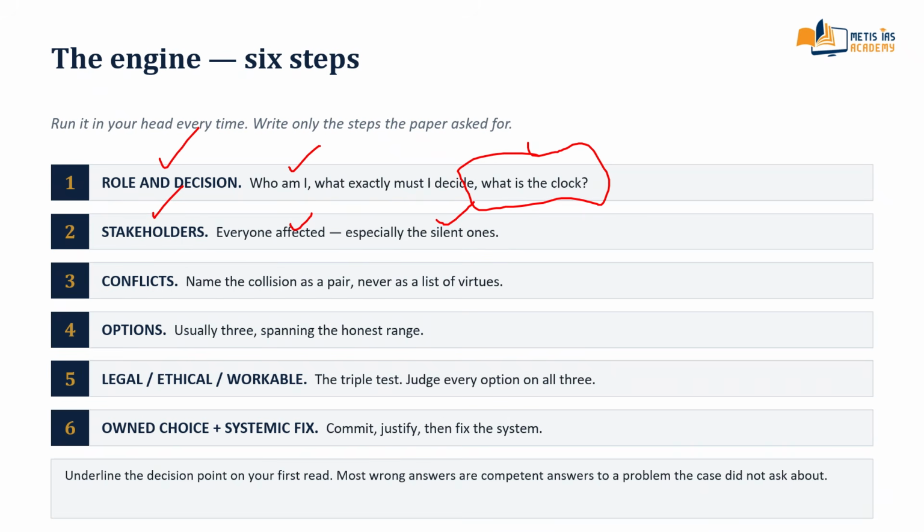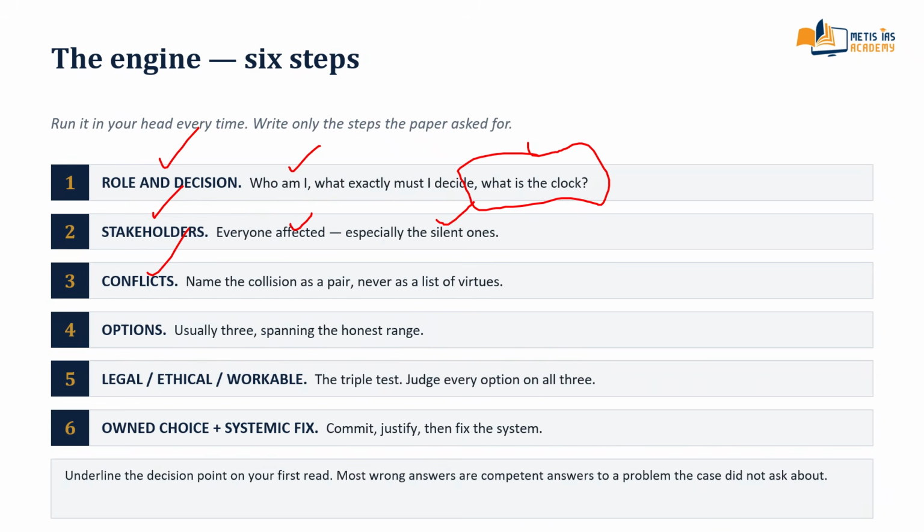And step three: name the ethical issues as conflicts, not labels. This is where most answers die, and Unit 7 gave you the discipline. Weak answers list virtues: integrity, honesty, accountability, and transparency.